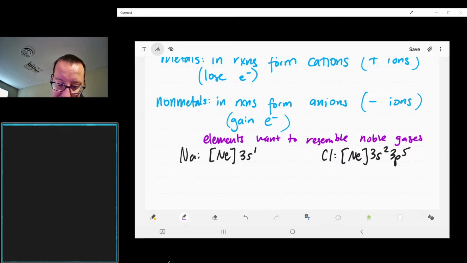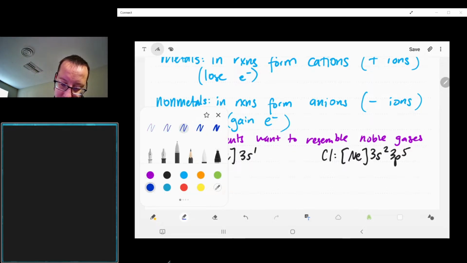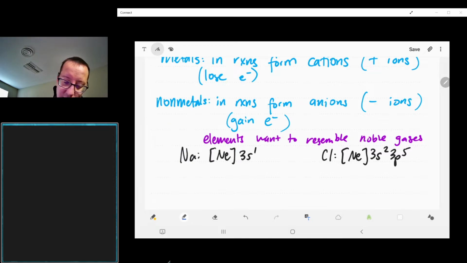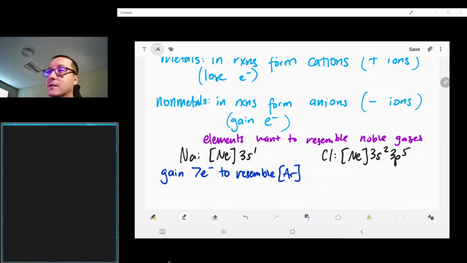And so if we look at sodium, if it were to want to gain electrons, it would need to gain 7 electrons to resemble argon's electron configuration. Or it could lose 1 electron to resemble neon.